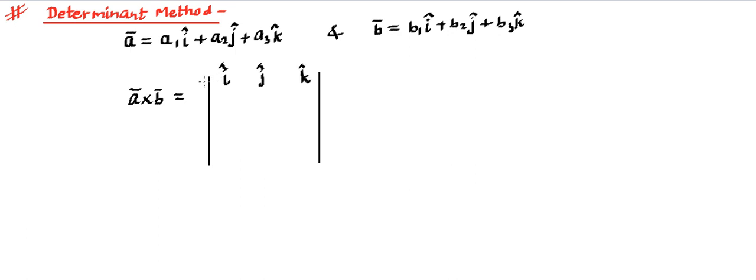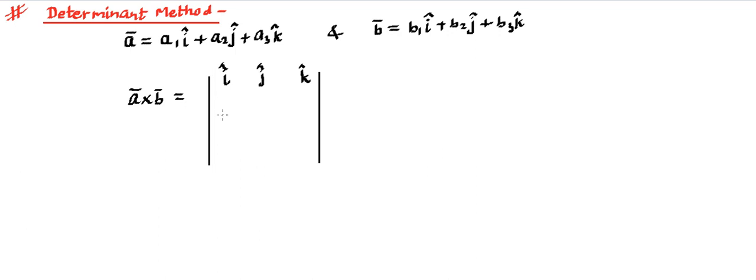So this is called a row, that's called the first row. In the first row we are going to write I cap, J cap, K cap, and then similarly there is going to be a second row, and there is going to be a third row. So these three rows have to be decided. Now in the second row we will be writing the coefficients of the first vector which is involved in the cross product, and it's the A vector.